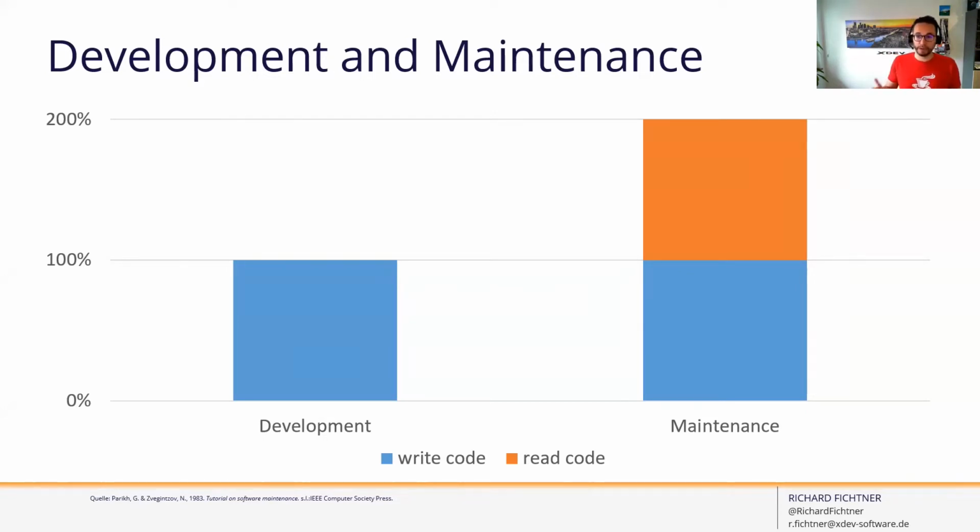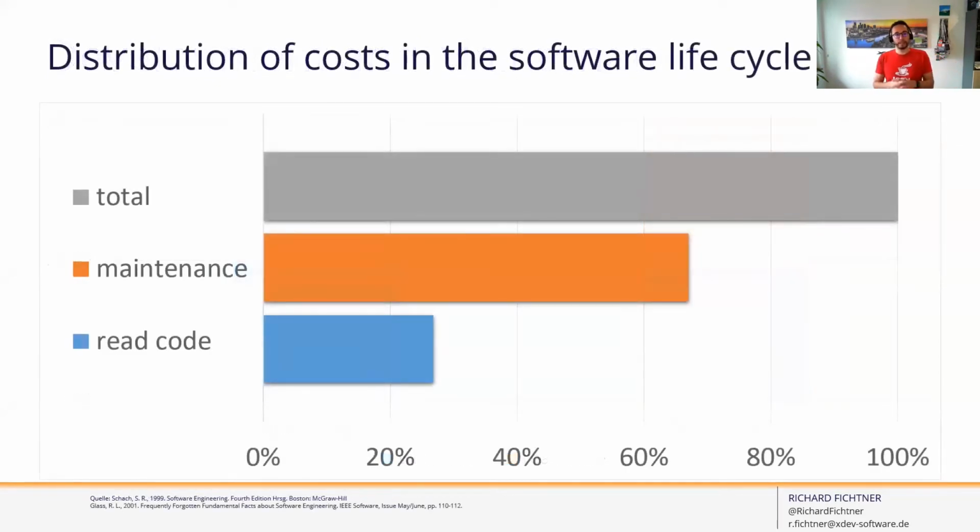So you have to spend time reading code. And that's what clean code is all about. So if you put the last 2 slides together, you will see that reading code makes up, I would say, 30% of the cost of the software lifecycle. So rough numbers, but if you go with that, clean code seems to be very important.